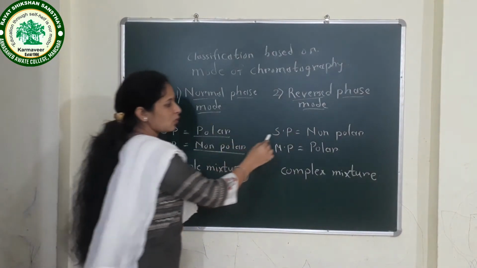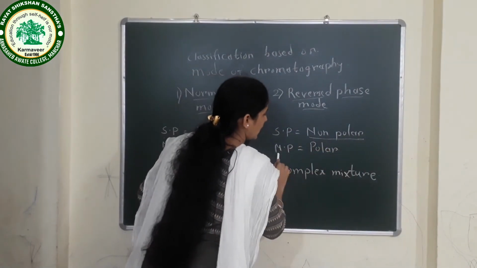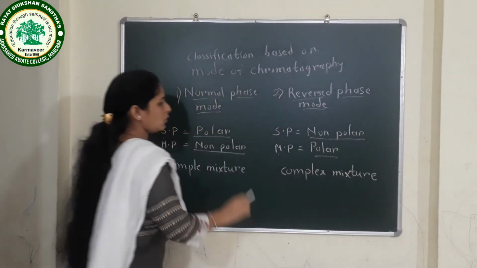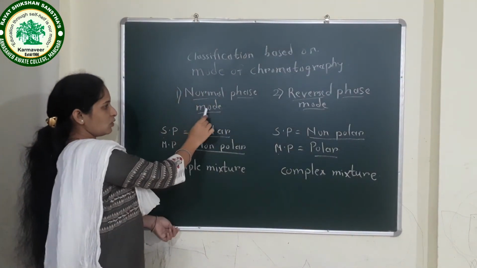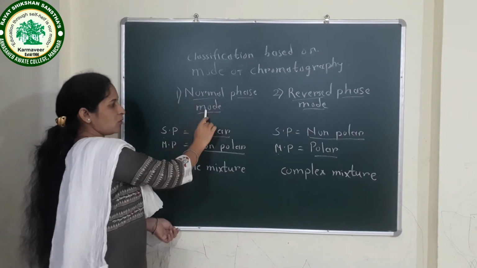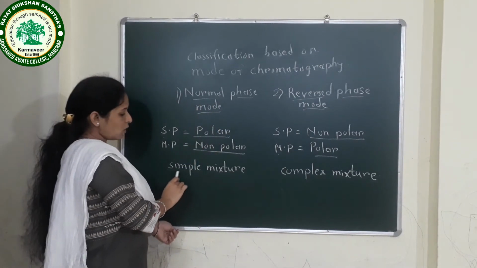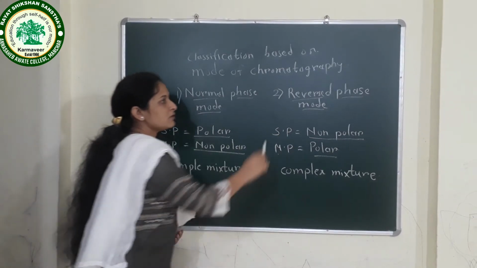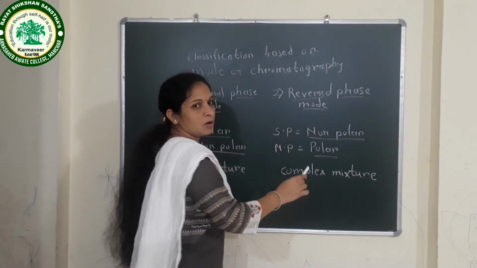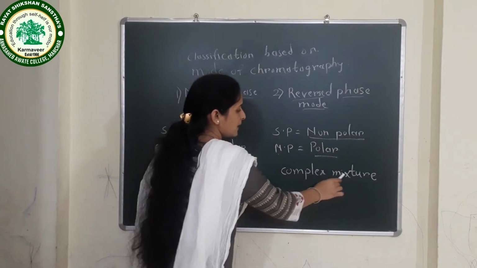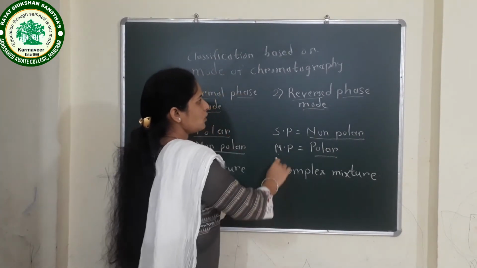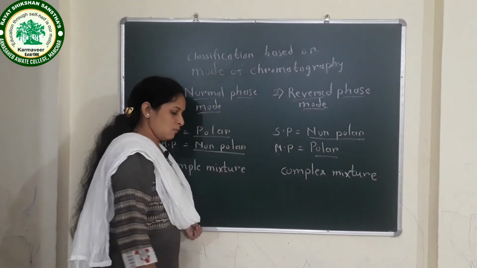In reverse phase mode, stationary phase is non-polar and mobile phase is polar. The normal phase mode technique is used for the analysis of the simple mixture, and reverse phase mode technique is used for the analysis of the complex mixture. In the HPLC, we use the reverse phase mode.